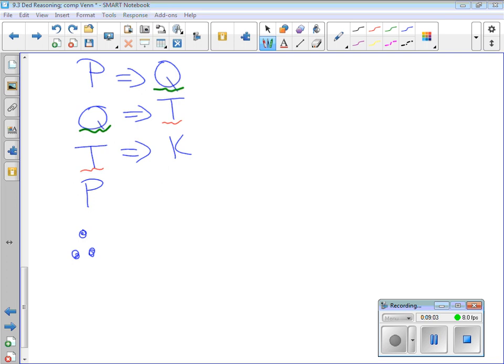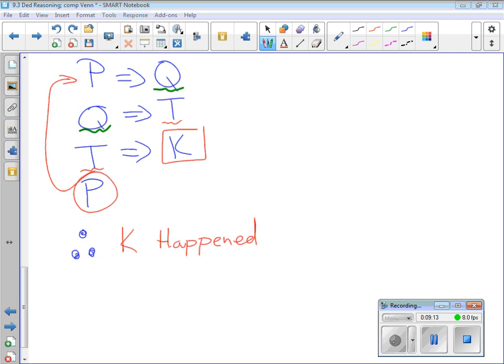Then the law of detachment says, hey, the first thing happened, so now I get to conclude the last thing happened. So now K could be a series of words like "I went to the store," or "I got kicked." "I got kicked" would be a conclusion. Instead of writing "K happened," I might write the actual sentence or the statement, "I got kicked."